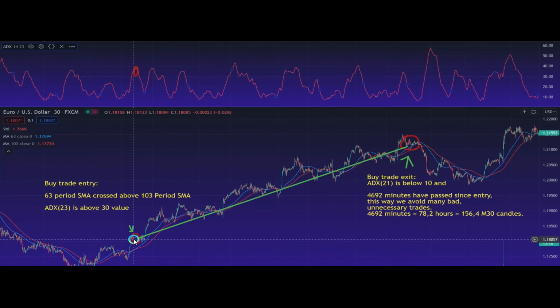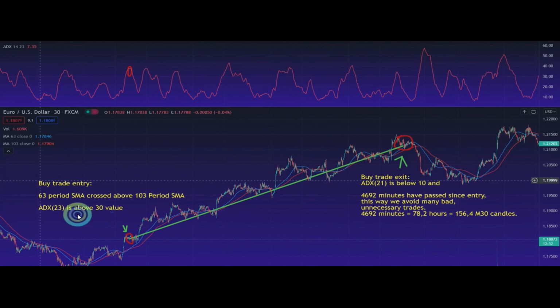We should take a buy trade. And I will show you the real statistics of this strategy because it is quite amazing. It is not just an average kind of good strategy. When I looked at the statistics, even I was blown away because it is so good. So it really works.